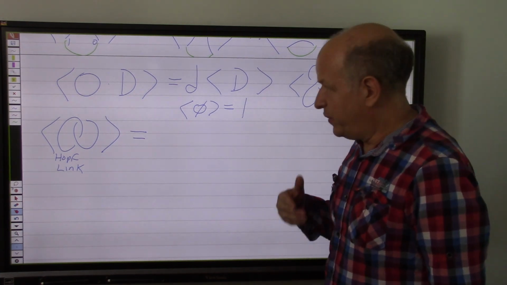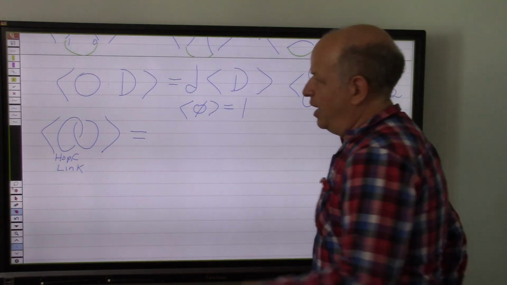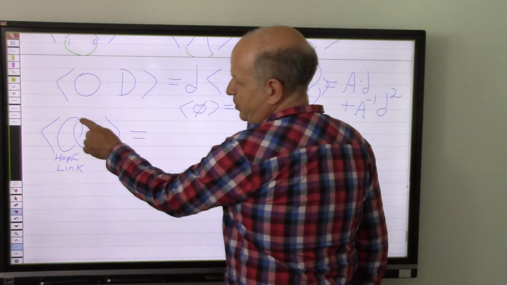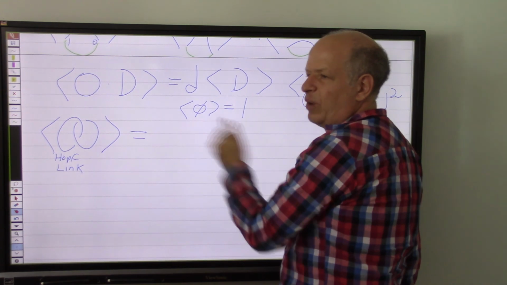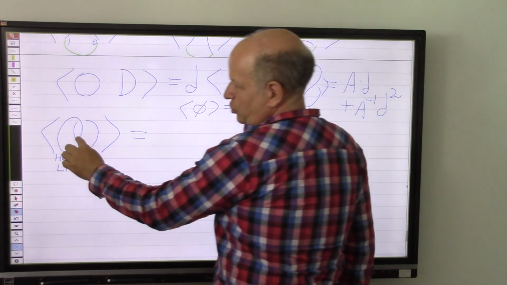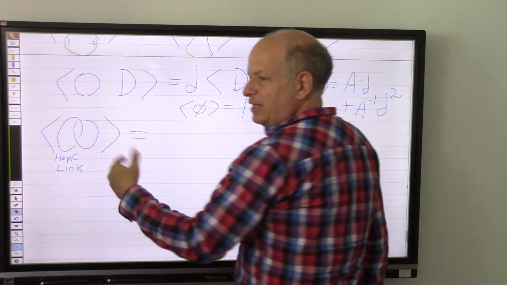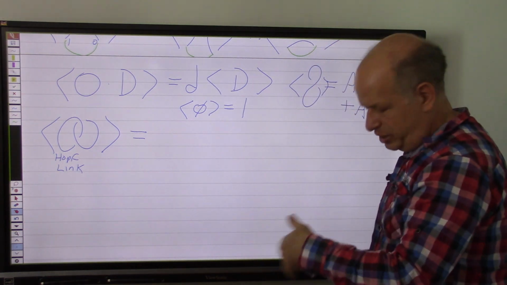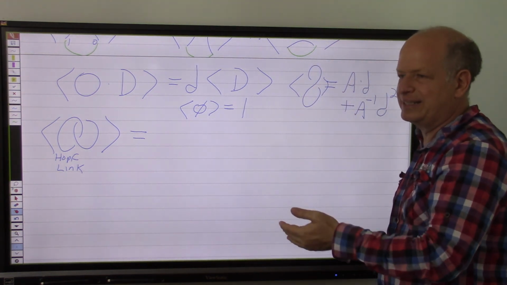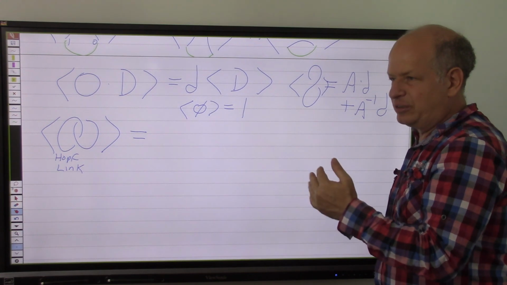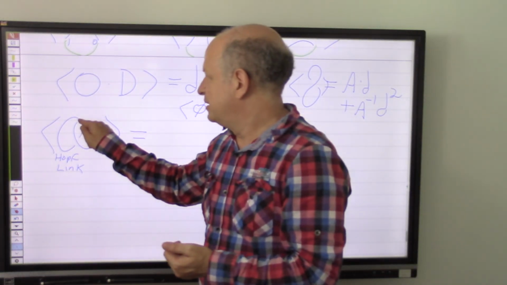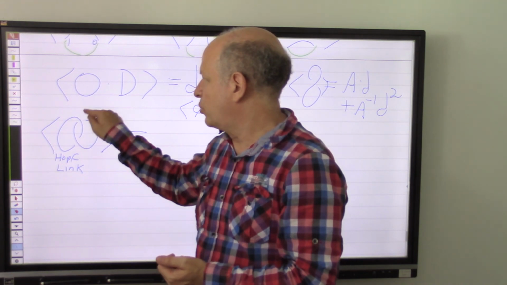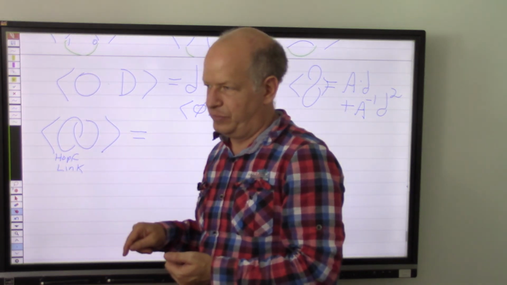So for the Hopf link, I need to replace the top crossing either by a 0 smoothing or by a 1 smoothing, and I need to replace the bottom crossing either by a 0 smoothing or by a 1 smoothing. There is a total of 4 possibilities, right? Either 0,0 or 0,1 or 1,0 or 1,1.